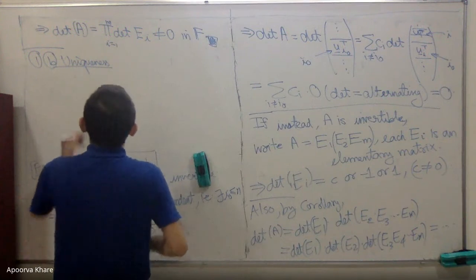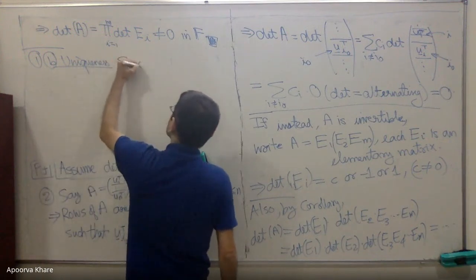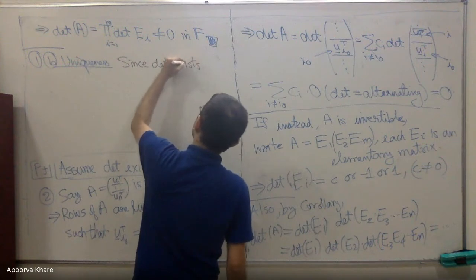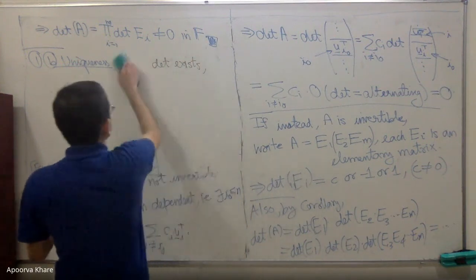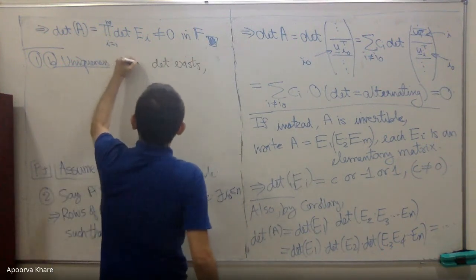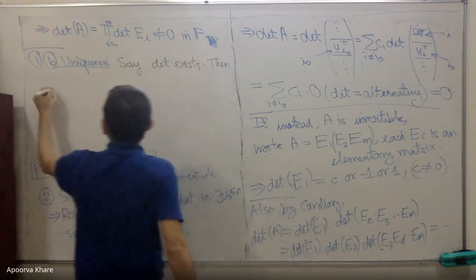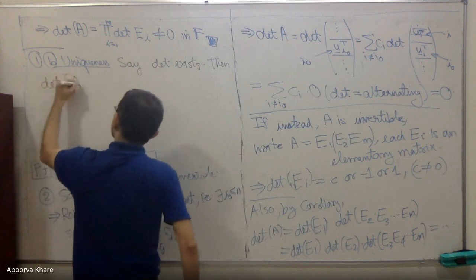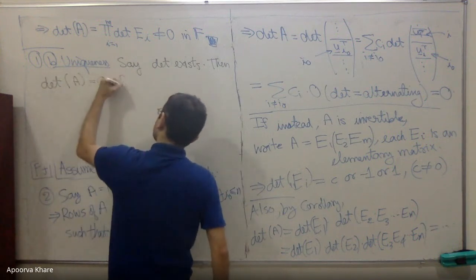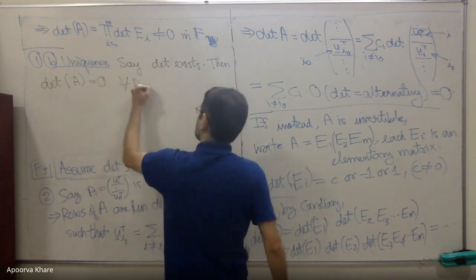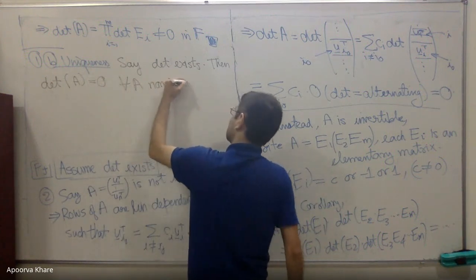Okay, so if that exists, as I always say, then det of A is 0 for all A non-invertible.